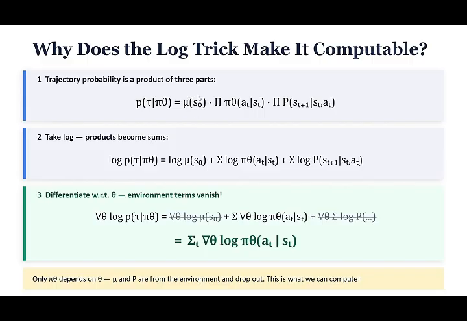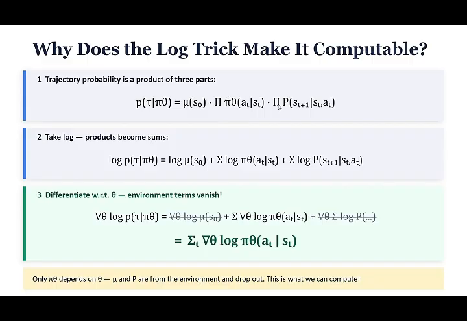This part is our initial state, this part is the action distribution, and this part multiplies all the environment feedback.